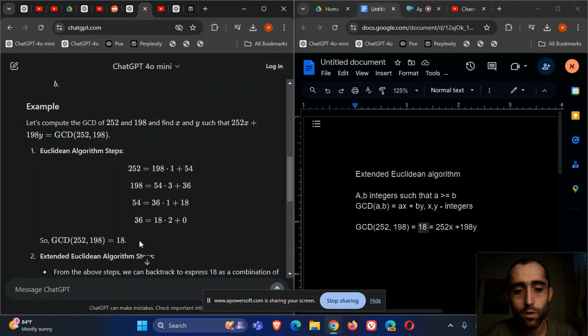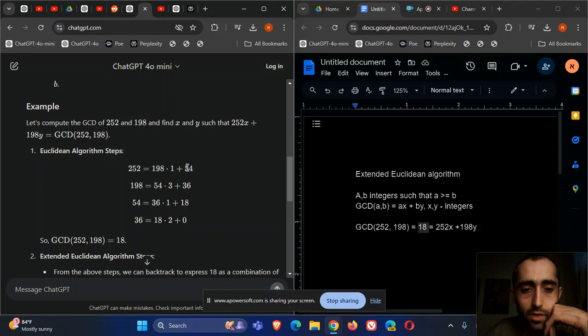This is the Euclidean algorithm for finding the greatest common divisor of the two numbers. Again, we take a, this is b, this is r. 198 goes 1 time into 252 with a remainder of 54.